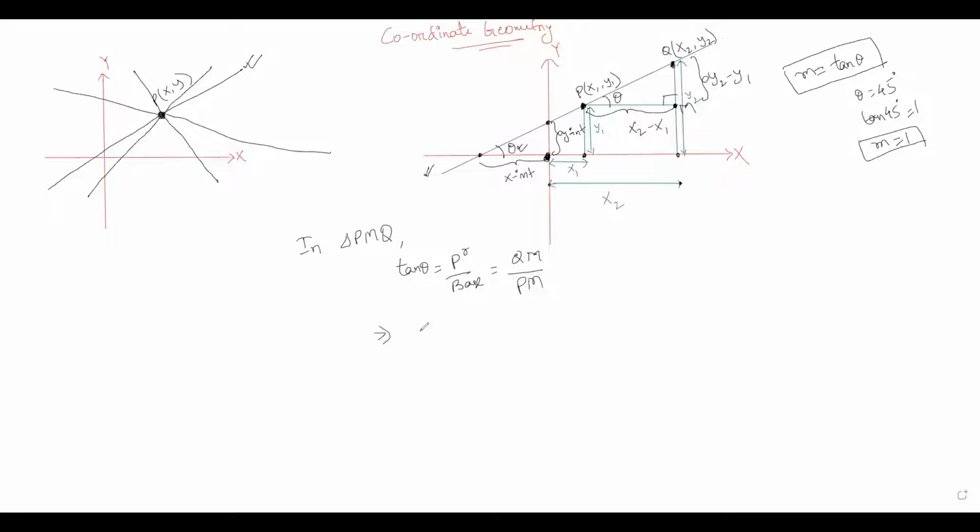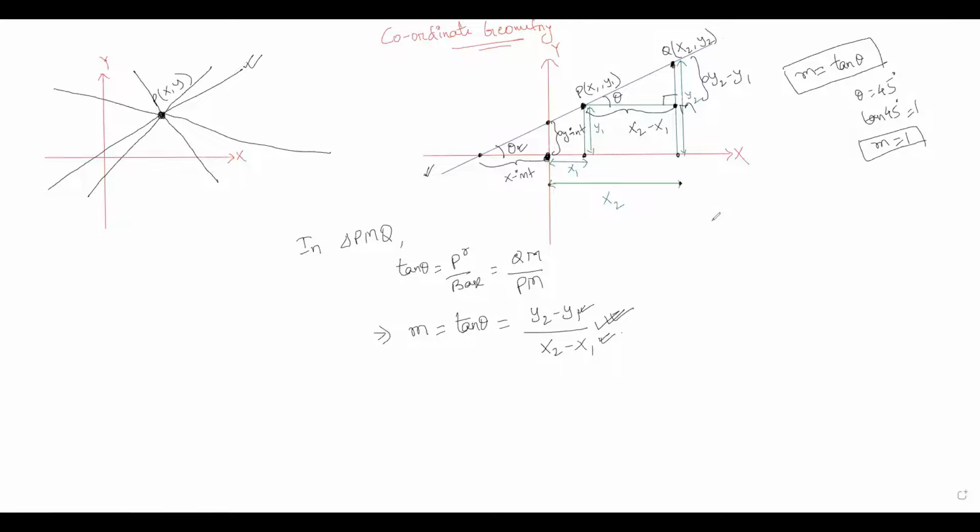So we can say that slope or tan of this angle would be QM, which would be y2 minus y1 upon PM, which would be x2 minus x1. So slope of a line is also defined as the change in y for a unit change in x.